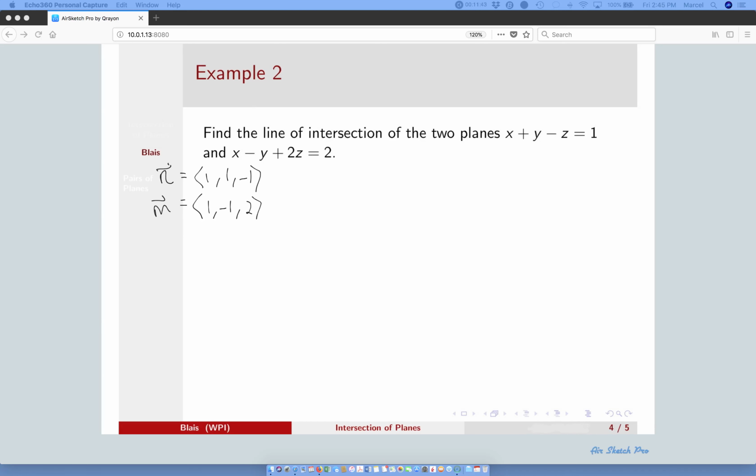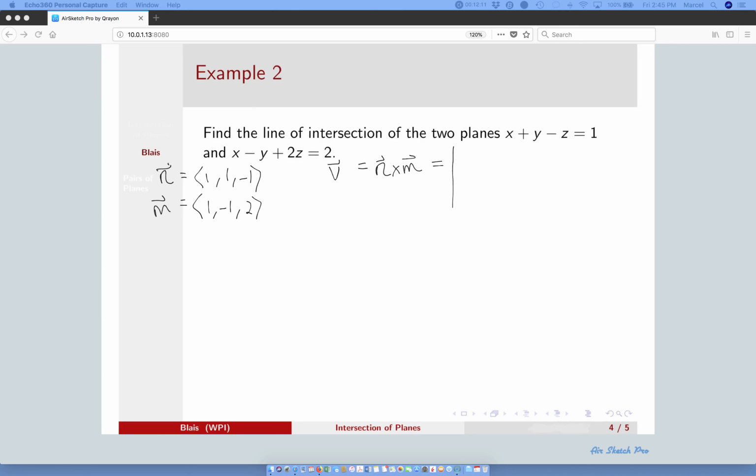Our vector v we can set to, say, n cross m. Of course, you can do m cross n as well. Just remember, because of the non-commutativity of the cross product, if you did m cross n, it would just point in the opposite direction, still parallel to the line that we're after.